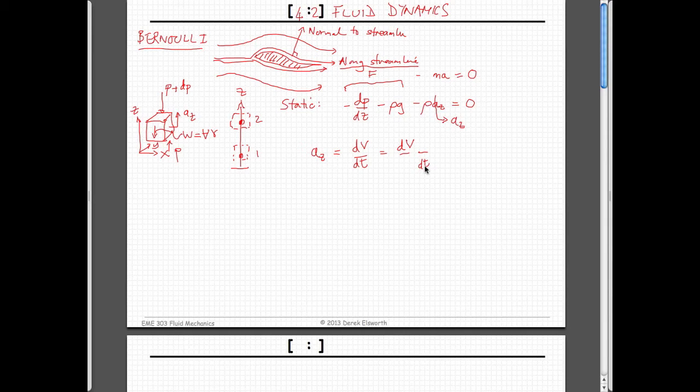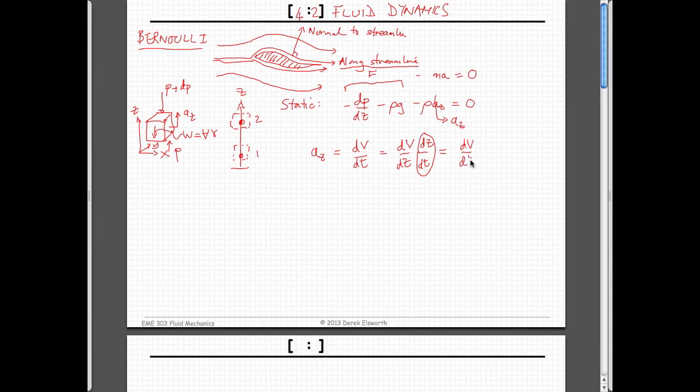And we could also multiply it by 1. Right? dz over dz is just equal to 1. And so what is this? This, by definition, the change in location with time is a velocity. So this is equal to change in velocity with location.